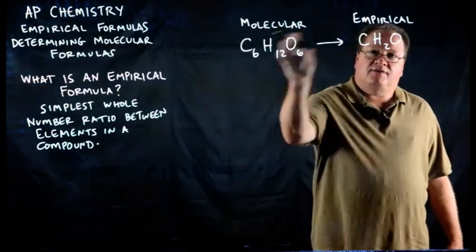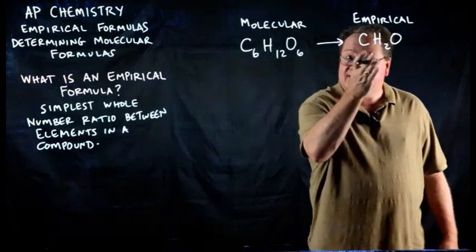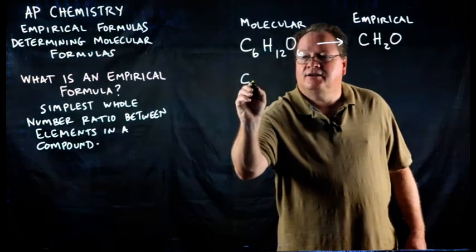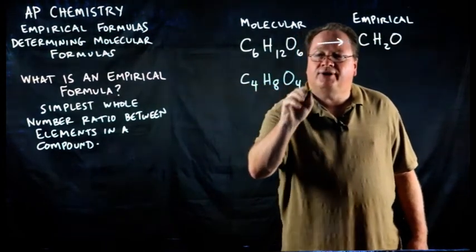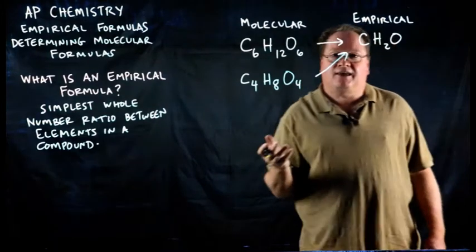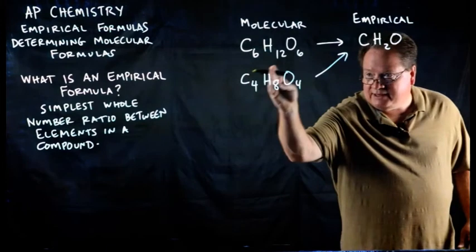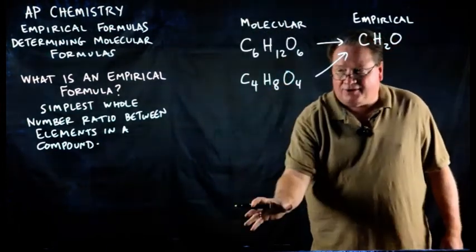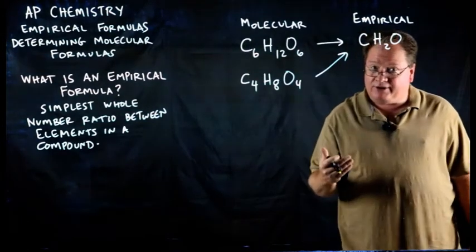The empirical, though, is 1 to 2 to 1. This same empirical formula would also work if I did C4H8O4. That has the exact same empirical formula. It's still 1 to 2 to 1. So I can have a multitude of molecular formulas that all have the same empirical.